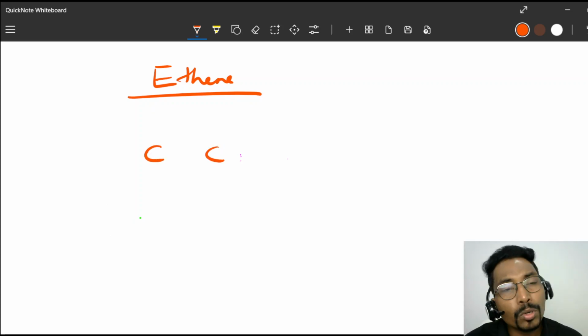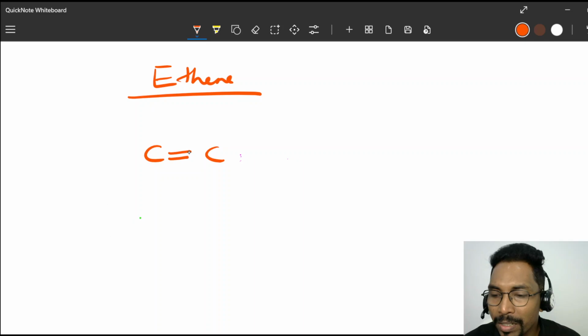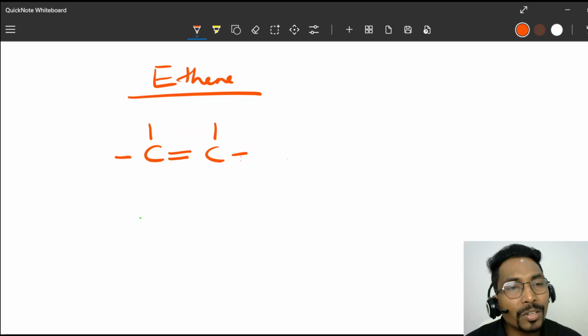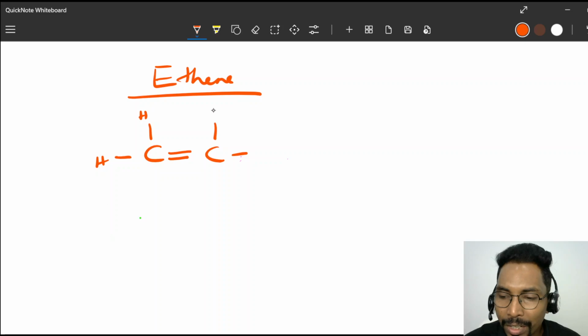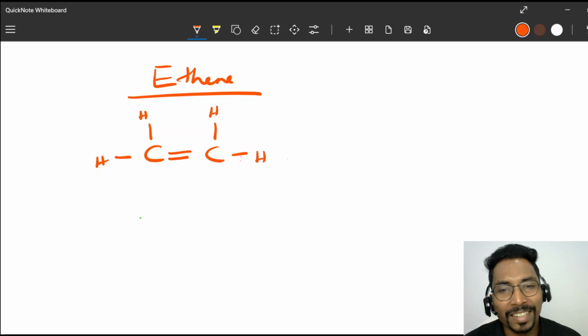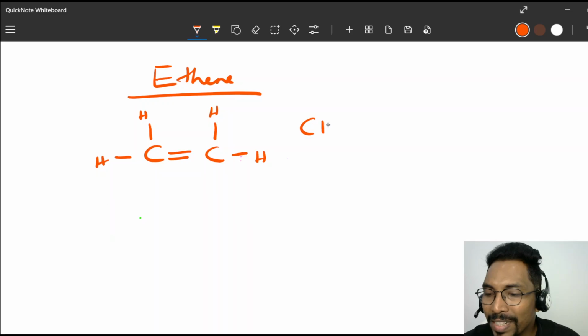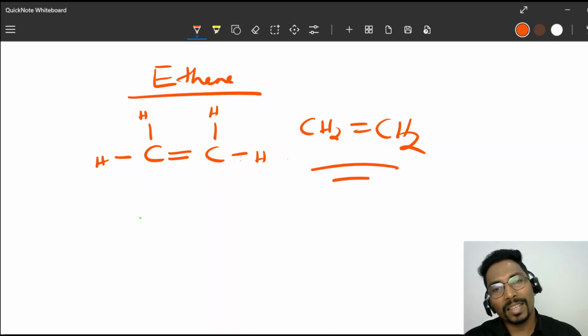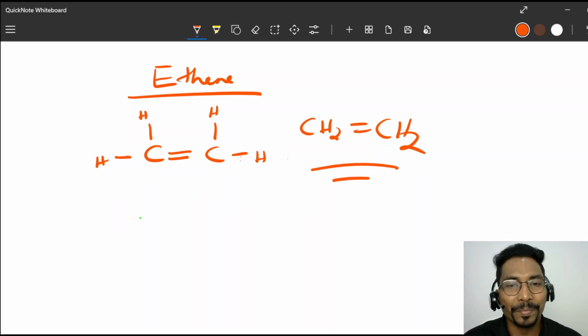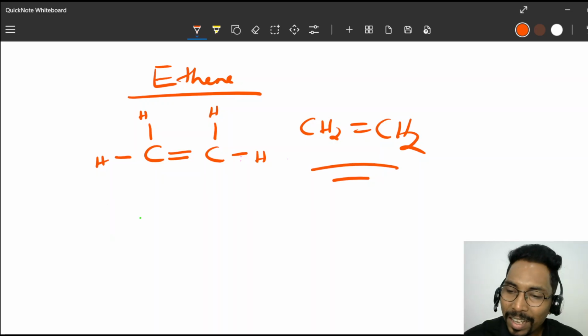So two carbons and a double bond is present. So this carbon has two bonds, this carbon two bonds. That's it. So hydrogen, hydrogen, hydrogen, hydrogen. So CH2 double bond CH2. That is ethene. Clear? Okay, so I hope it is clear.